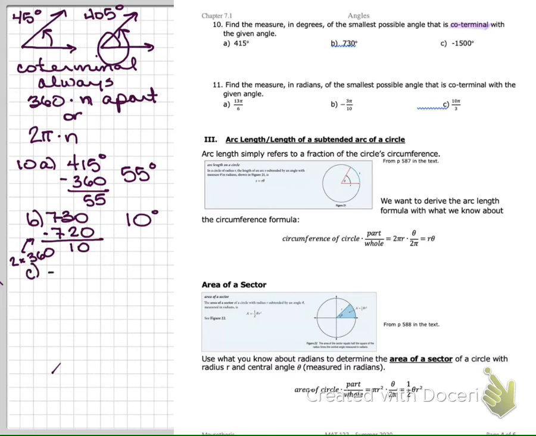For C, we've got negative 1500 degrees. So this time I still want to get up to the positive. I'm going to add 720 at a time. If I add 720 to that negative 1500, I get negative 780. I'm going to add another 720. I'm at negative 60.